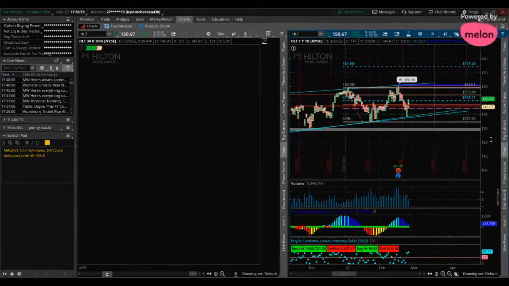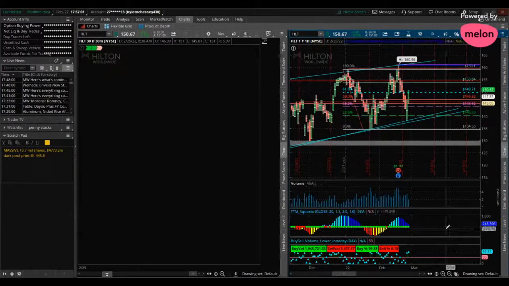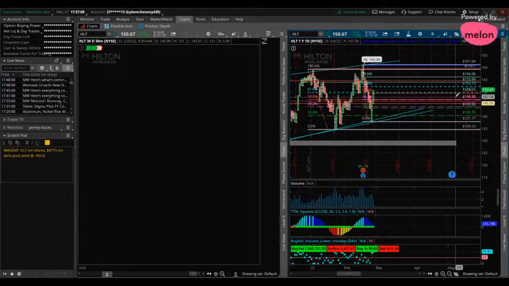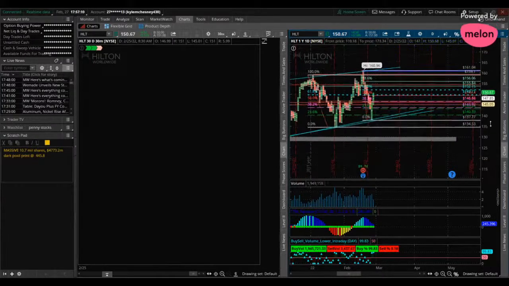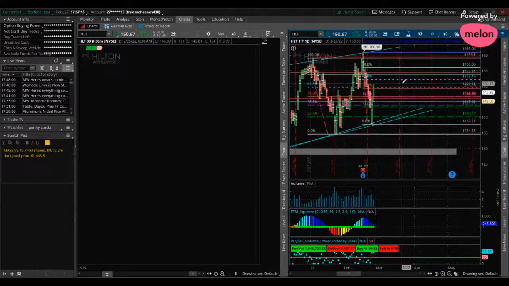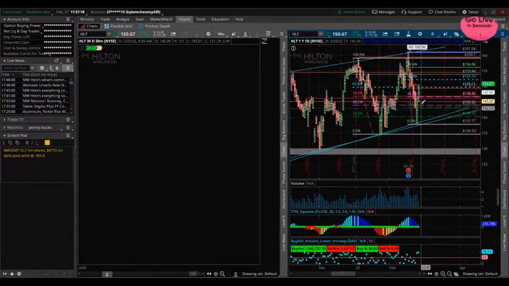Okay. This. Interesting. Okay, so this area right here is a big level.